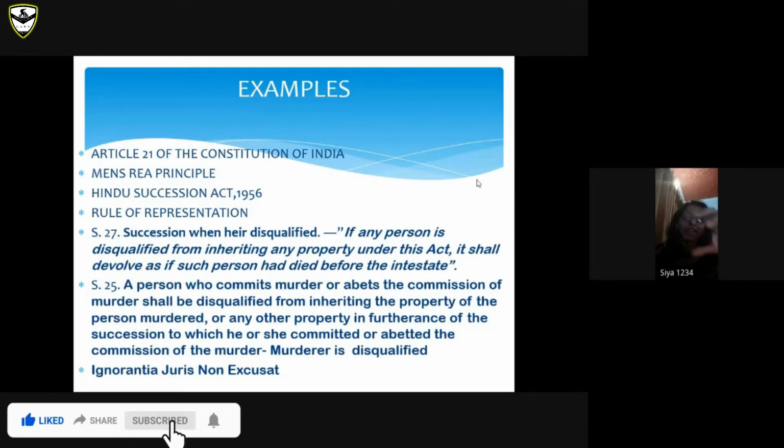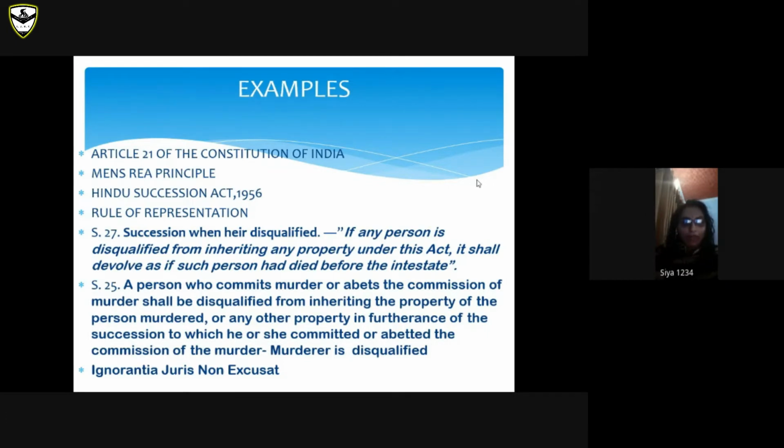When you read in a descriptive way, Article 21 only says that no person shall be deprived of his life or personal liberty except according to the procedure established by law. If you are not critically thinking, you cannot develop Article 21 beyond those written words.